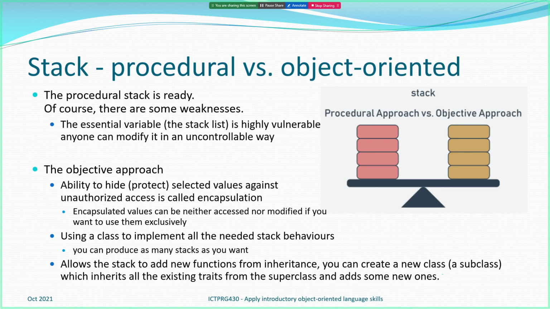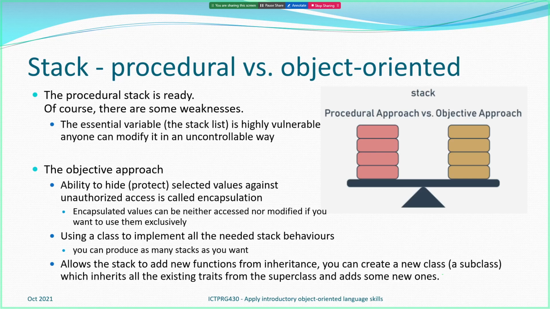So think of a stack as a kind of list. Now, if we're doing it procedural based, we have some weaknesses involved in that the list is able to be modified at will by anybody. So it's not a controlled environment.